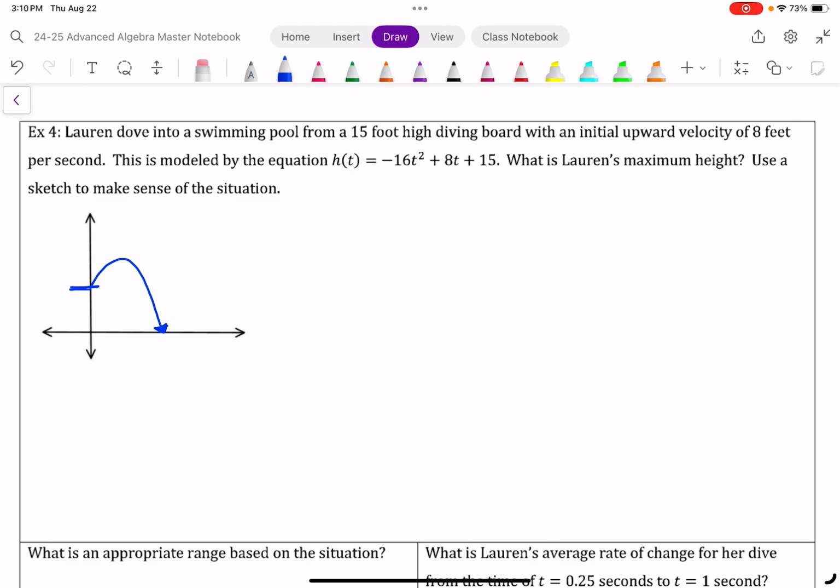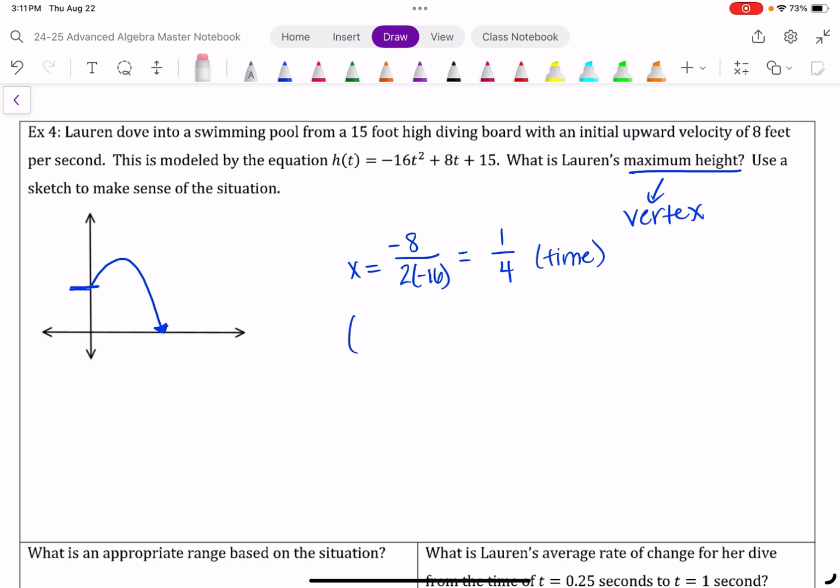So if we're talking about maximum height, we have to find the vertex. The first thing we're going to do is negative b over 2 times a. If I do that, I get 1/4. But that's not the height. That's time. So I have to plug that in.